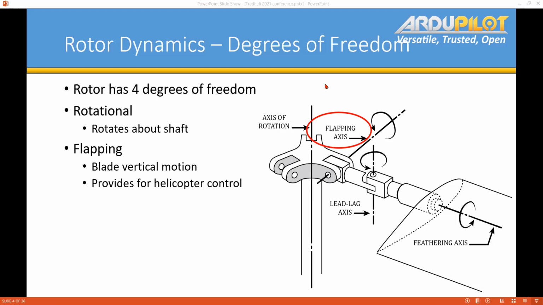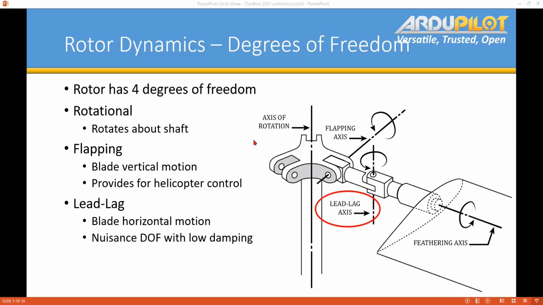This is how the rotor imparts moments on the aircraft. I can talk about the 2 ways that happens in a few minutes. But that's the main reason for the flapping, to create those moments on the aircraft in the pitch and roll axis.